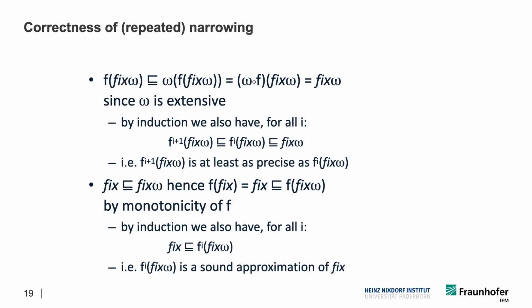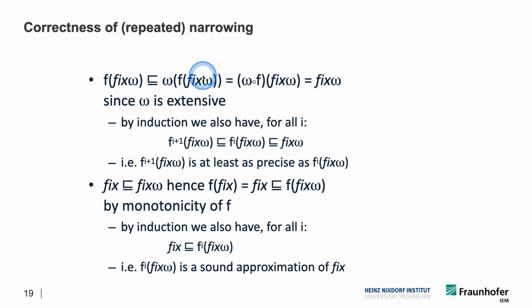And now again, one can worry about, okay, is this actually correct? And if so, why is it correct? And we can take a little bit of a further look at this. So basically, we get this relationship here, right? So if we take the fixed point of omega that we have already computed, so this widened fixed point, apply f to it, and then widen that again, then we definitely have the guarantee that this is larger than only the inner expression here.